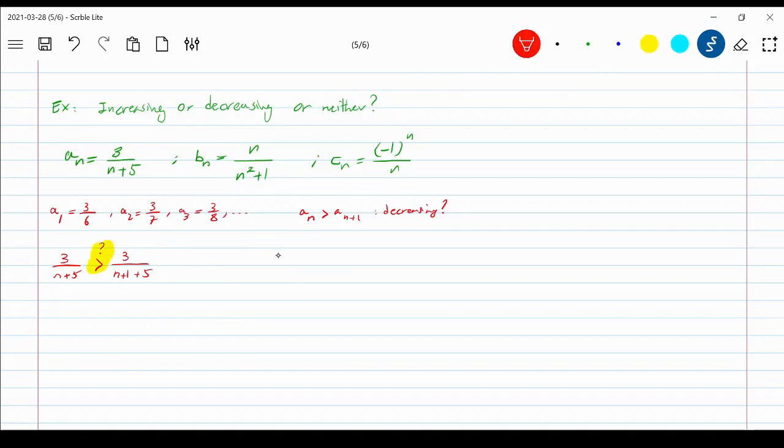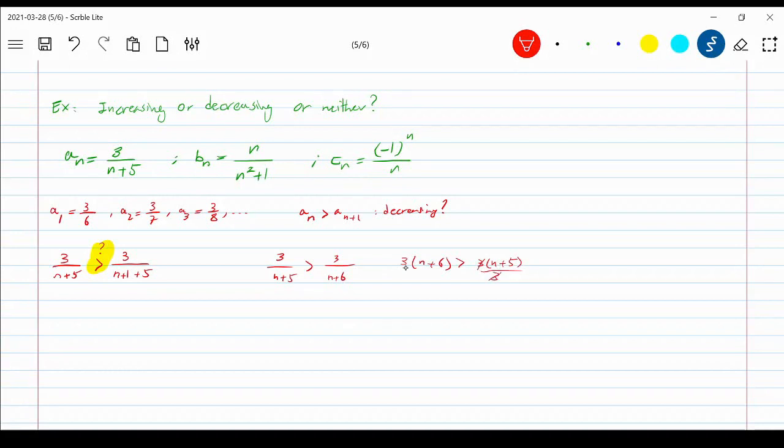So we set up the inequality: is 3 divided by n plus 5 greater than 3 divided by n plus 6? And you can cross multiply, since n is always positive. You'll get 3n plus 6. Is it greater than 3n plus 5? Divide both sides by 3.